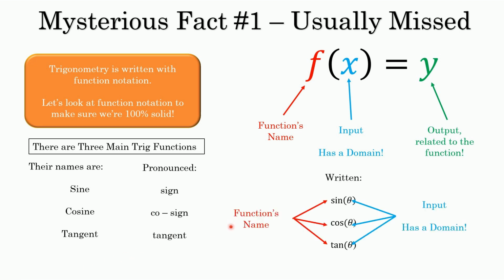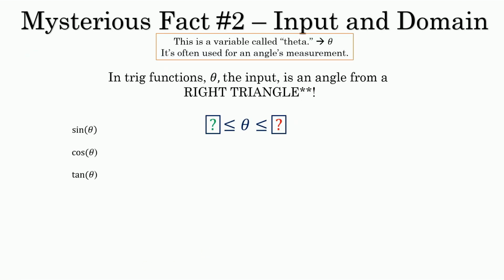So when we start talking about what these functions mean, we have to understand that the domain, the set of values that could be inputs, the domain is an angle. And not just an angle, it's an angle from a right triangle. Now it's true, you can do sine, cosine, and tangent of angles that are negative or more than 90.